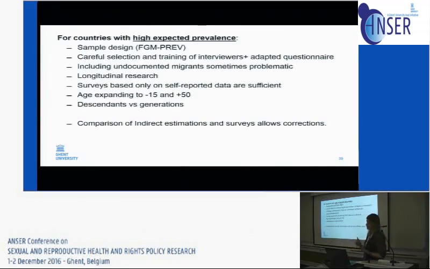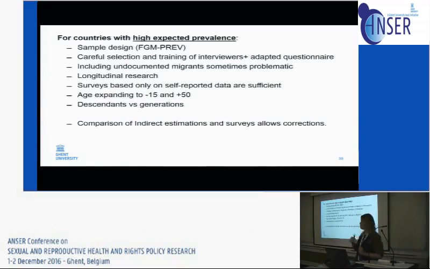But we would suggest that you should pay a lot of focus to the careful selection and training of the interviewers and the questionnaire you're going to use. That also it should be more something longitudinal to see whether there is a change in attitude and what this will mean for the second generation migrants.